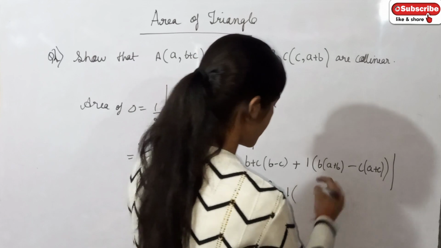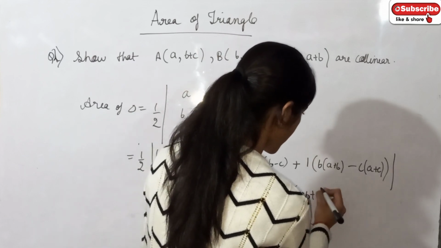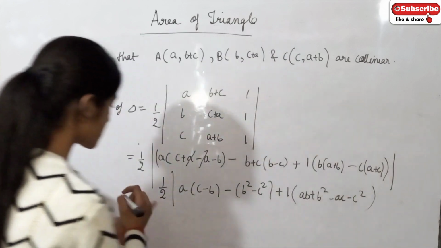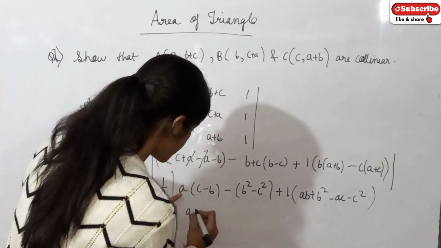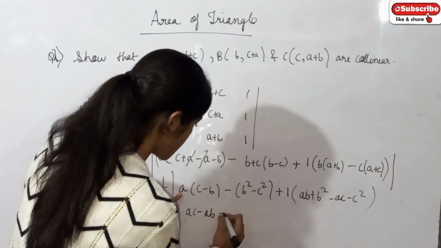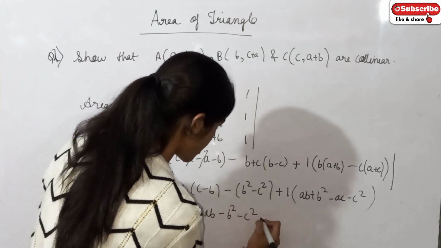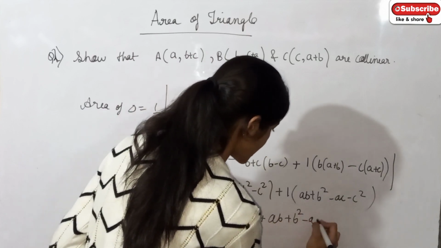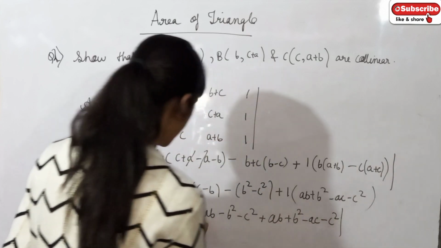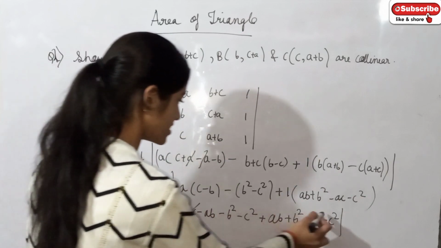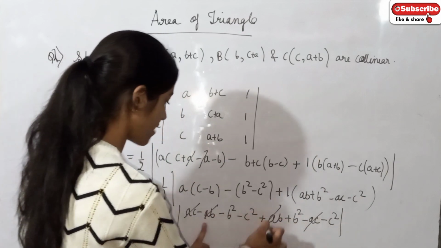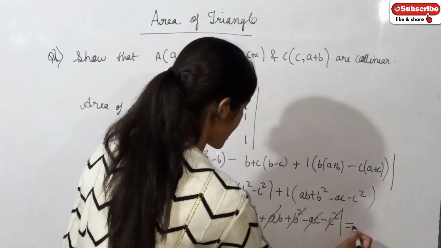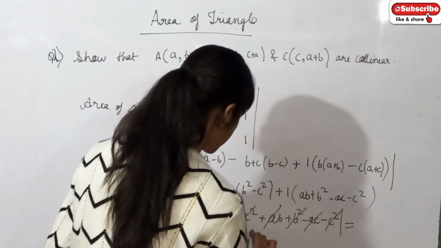Here it gets multiplied: AB plus B square minus AC minus C square, and here it gets AC minus AB minus B square minus C square plus AB plus B square minus AC minus C square. What we get? AC cancels with AC, AB cancels with AB, B square cancels with B square, and C square cancels with C square. We get 0. This quantity becomes 0.